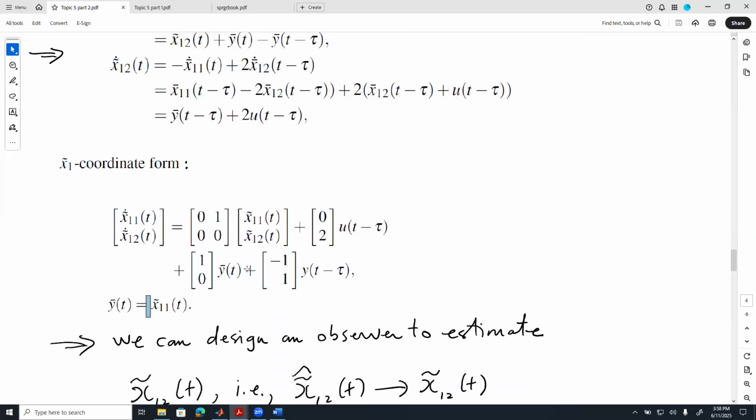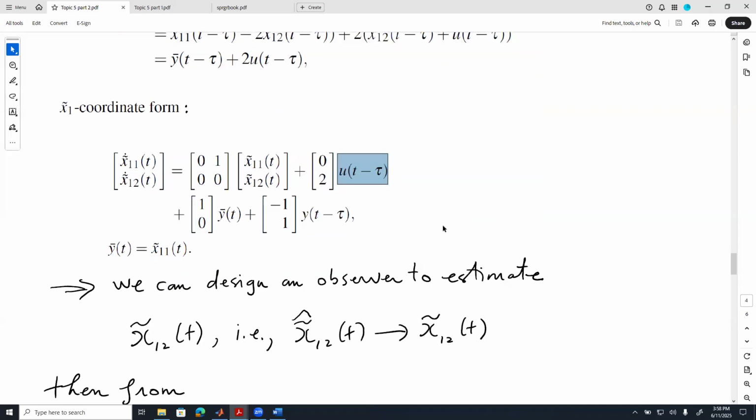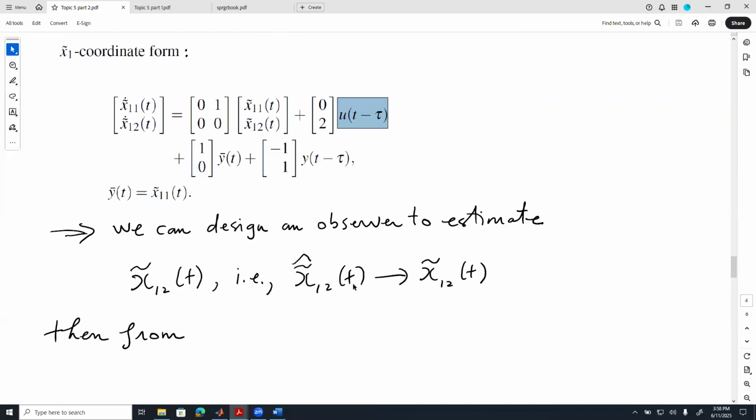So all the delays are now injected into these terms here and the input as well. Now, if we can do it, then we can design an observer to estimate this variable here.